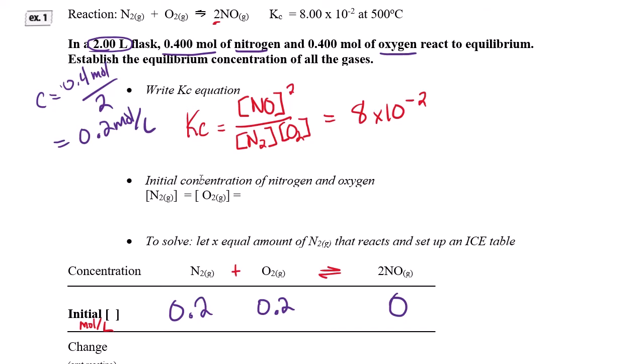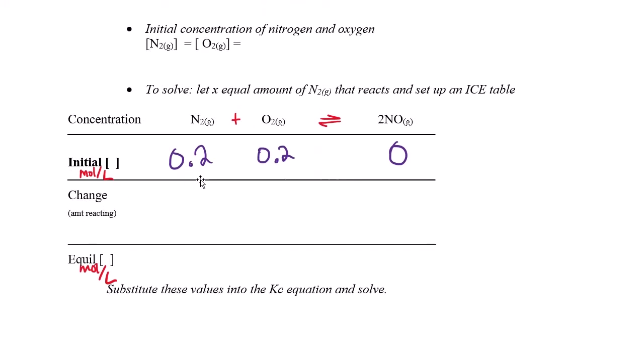Then I don't know any of the equilibriums, so I'm going to have to use some algebra here. I know that my reactants will decrease by some value, we'll call it x, and they will both decrease by x. My product will increase, but it's produced at a 2-to-1 ratio, so it's going to increase at a rate of 2x. It's going to change by 2x.